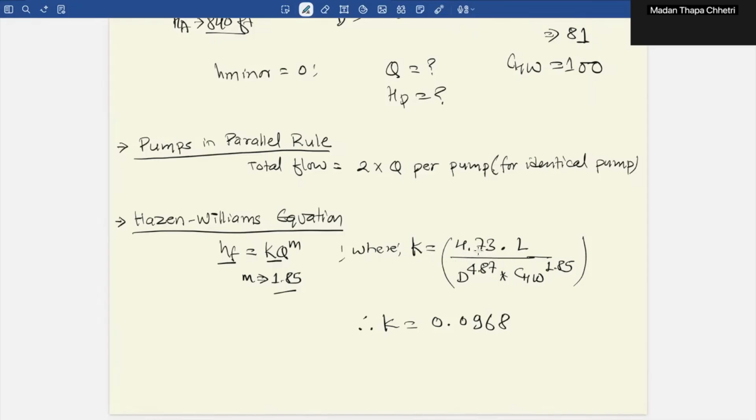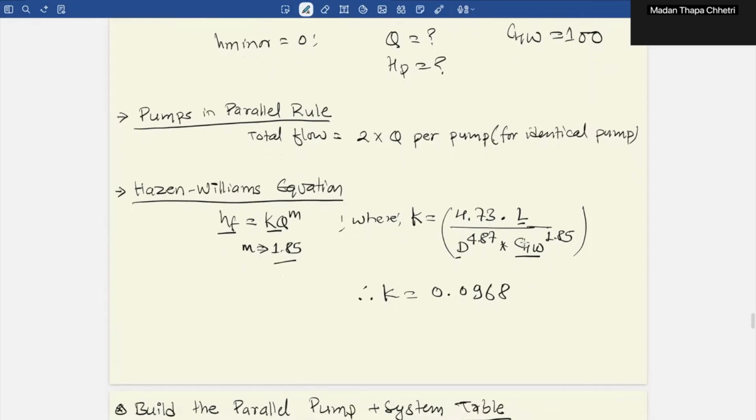That will give us 4.73 times L. We have the length of the pipeline, and we know the diameter as well, and we know C as well. So when we put the values in this formula, we will have a value of K as 0.968.